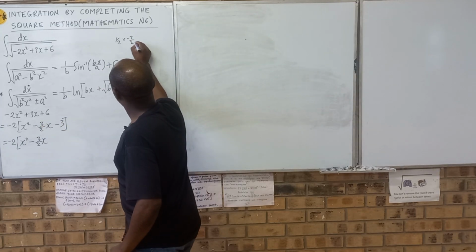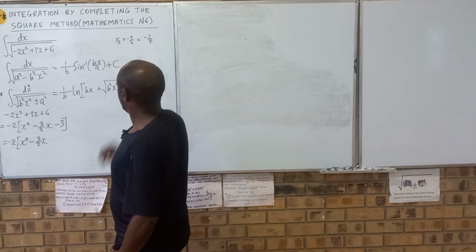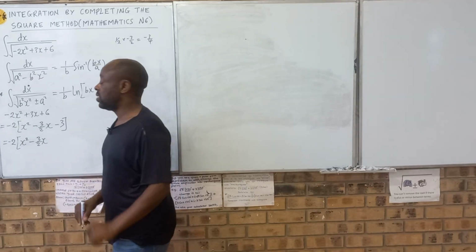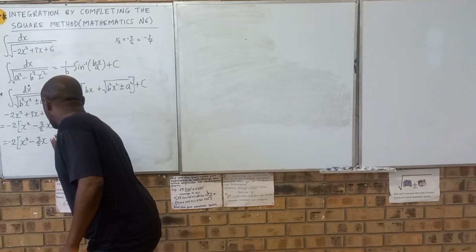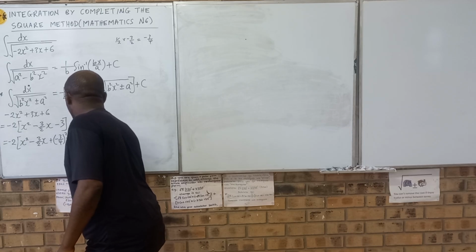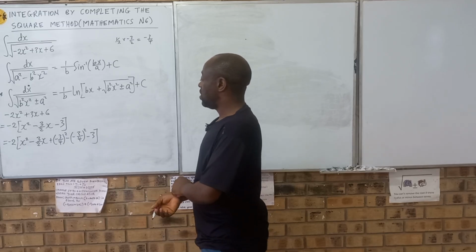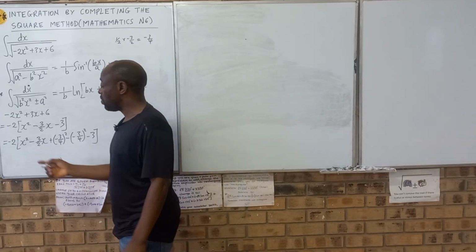So half of negative 3 over 2 will give us negative 3 over 4. Then you square that number, you add it and subtract it. So I'm going to add negative 3 over 4 squared, then I subtract negative 3 over 4 squared before I write my constant term. Once that is done, then we'll say you've succeeded to complete the square.